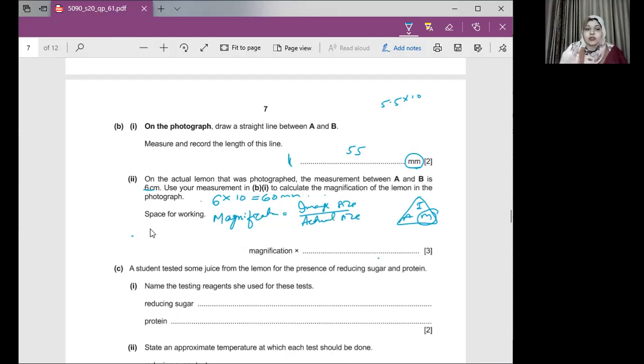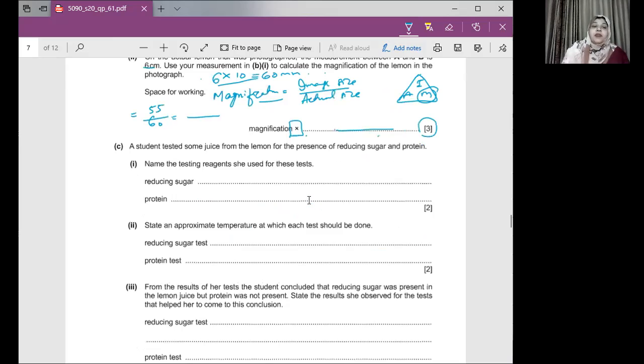Image size is 55 millimeter and actual size is 60. Whatever the answer is, you have to write it down, and there is no unit for magnification, only a cross sign or times sign. For these 3 marks, 1 mark is for the conversion, 1 mark is for the correct formula, and 1 mark is for the correct answer.